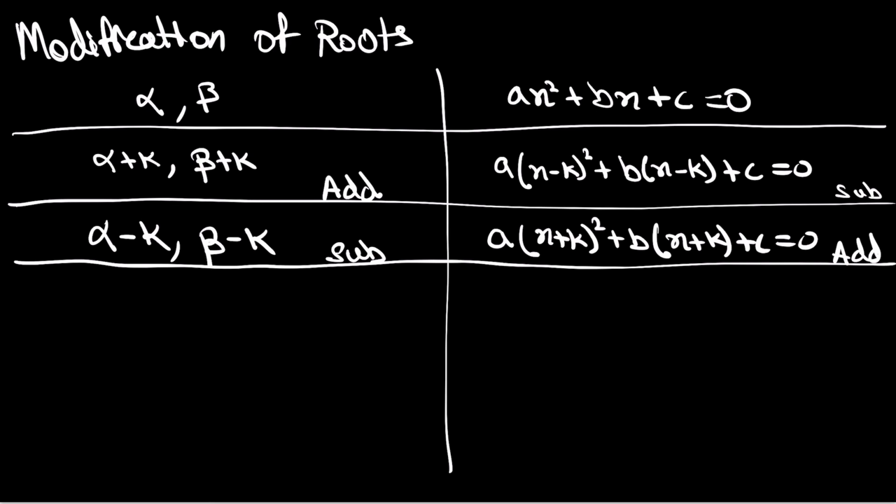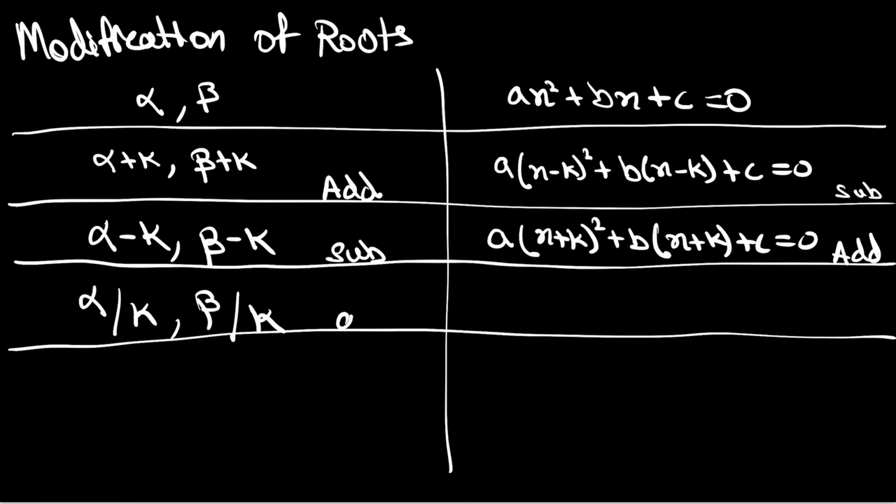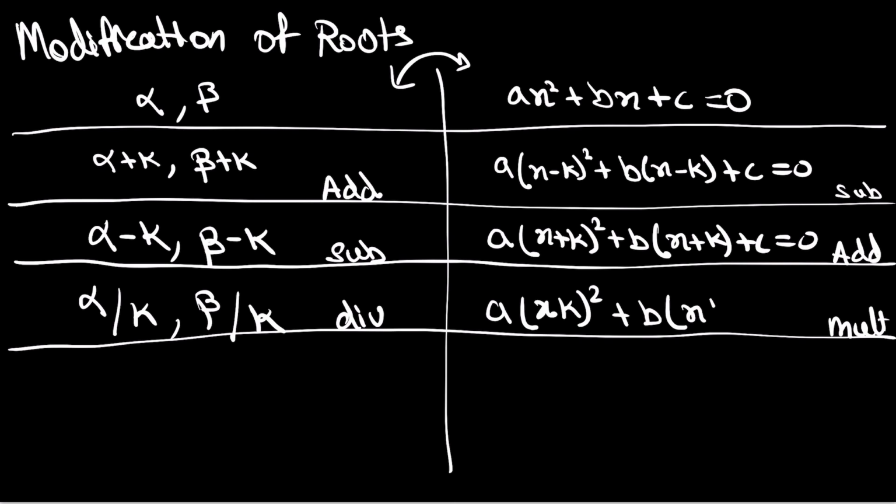Let's say if alpha and beta are getting divided by k, then you understood perfectly well that it will get multiplied here. Whatever happens here, the inverse happens here. So a into bracket x k whole square plus b into bracket x k plus c equal to 0.